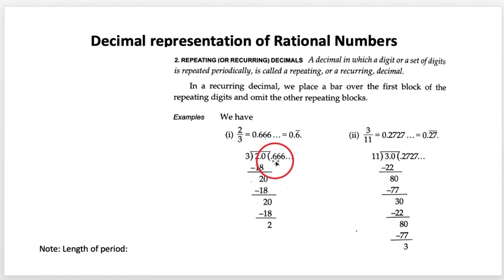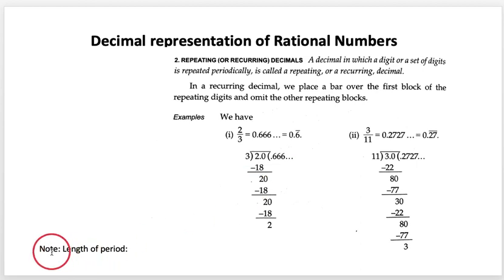And we also remember that 0.6666, this way it is written. You can write it like this, 0.6 with a bar on top. This is called a bar bracket.